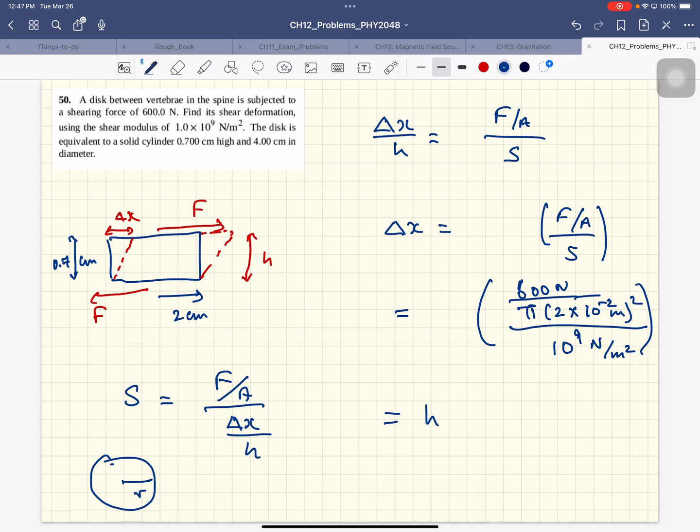I'm going to keep this there. Okay, let's take care of powers of 10. This is 10 to the minus 4. When it comes to the bottom, that leaves 10 to the 5 there.